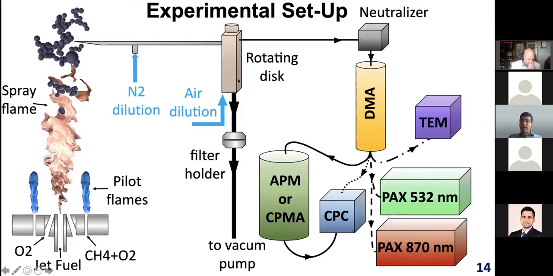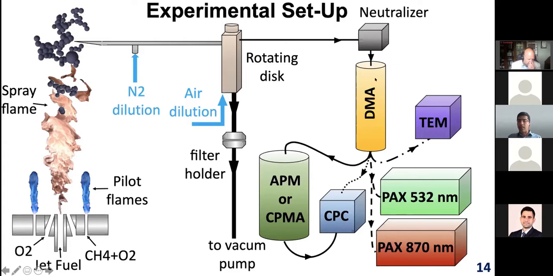Then we collected particles on filters for chemical analysis, and we also sent the particles to an array of aerosol characterization. We measured size distribution of particles using an SMPS device. We also measured mass of mobility size selected particles using APM and CPMA.